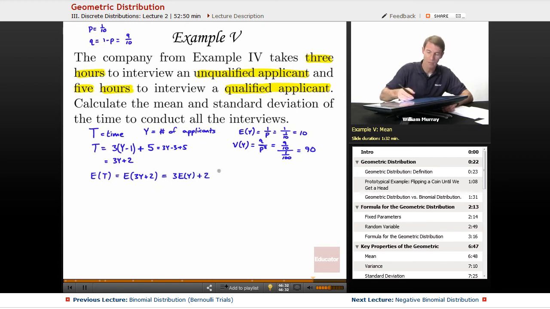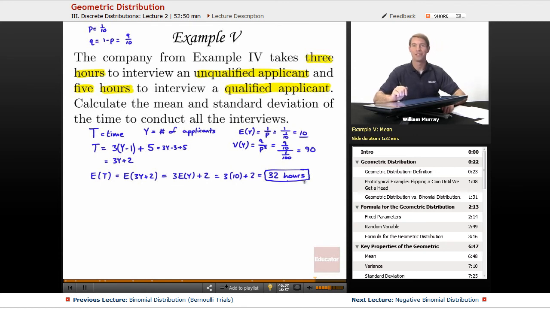I can pull the 2 out because expectation is linear. So this is 3 times, now E of y was 10. 3 times 10 plus 2 is 32. So that's the expected amount of time to conduct all these interviews. Our unit here is hours, so let me go ahead and fill that in. 32 hours is the expected amount of time to conduct all these interviews.